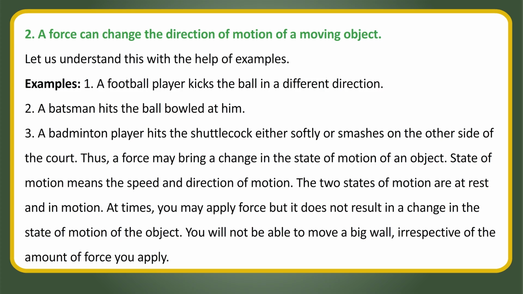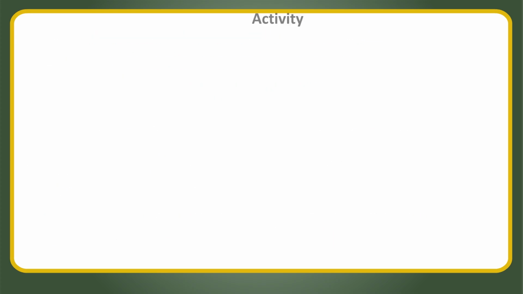Thus, a force may bring a change in the state of motion of an object. State of motion means the speed and direction of motion. The two states of motion are at rest and in motion. At times, you may apply force but it does not result in a change in the state of motion of the object. You will not be able to move a big wall, irrespective of the amount of force you apply.